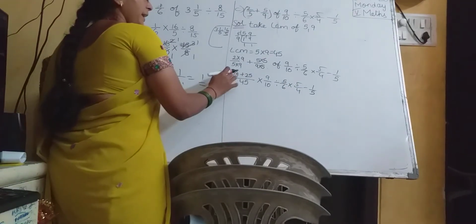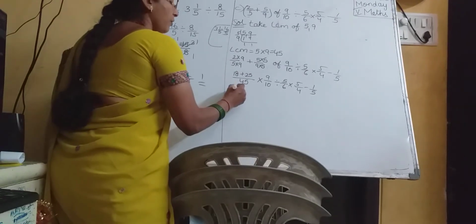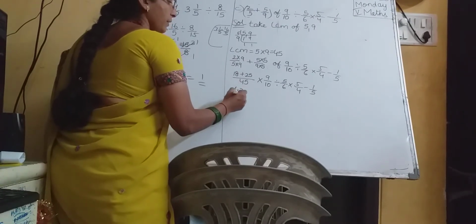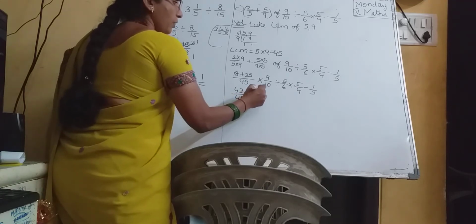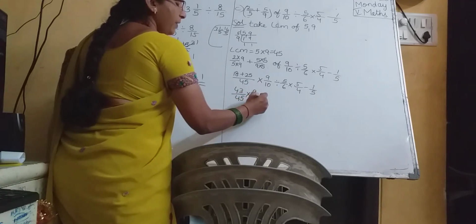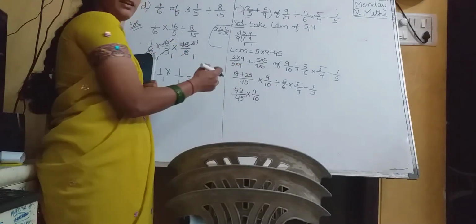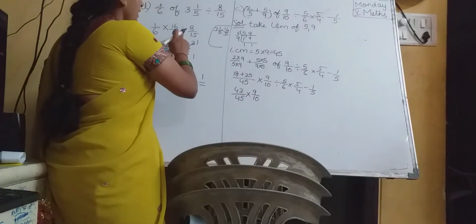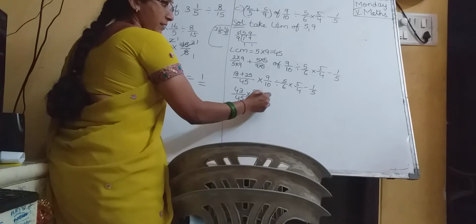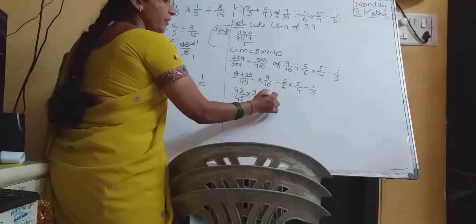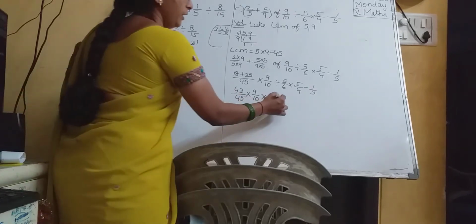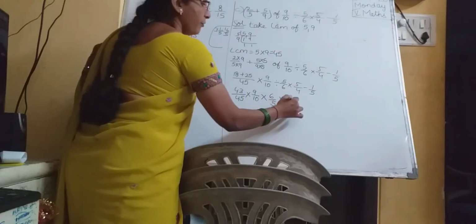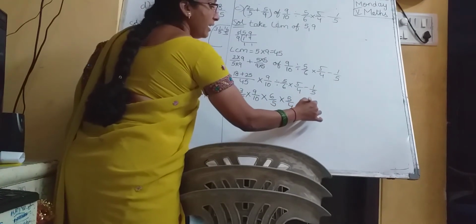Now 18 plus 25 is 43, by 45 into 9/10. Now remove the division. To remove division, as I said, put the multiplication sign and the fraction becomes reversed. 5/6 becomes 6/5, into 5/4, and write this 1/5 as it is.